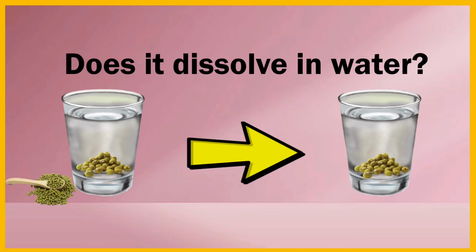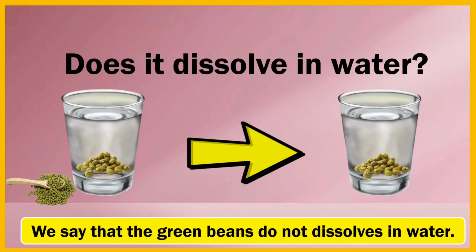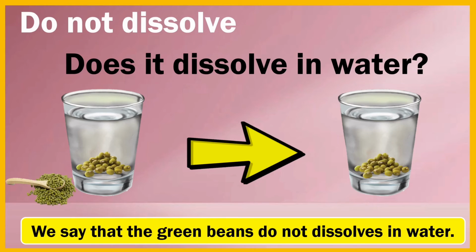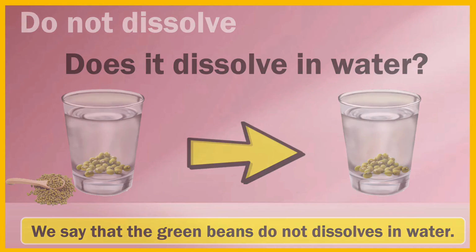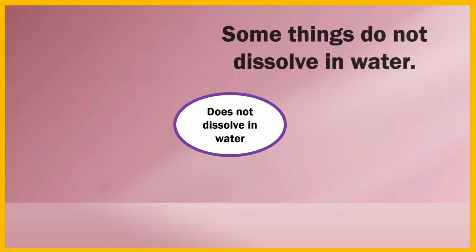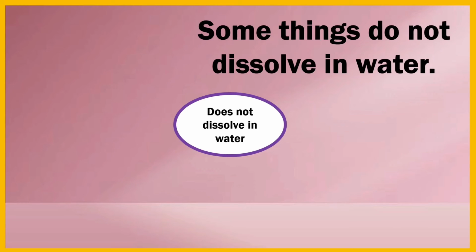Does it dissolve in water? We can say that the green beans do not dissolve in water. So the green bean doesn't dissolve in water. Now here are some things that don't dissolve in water.